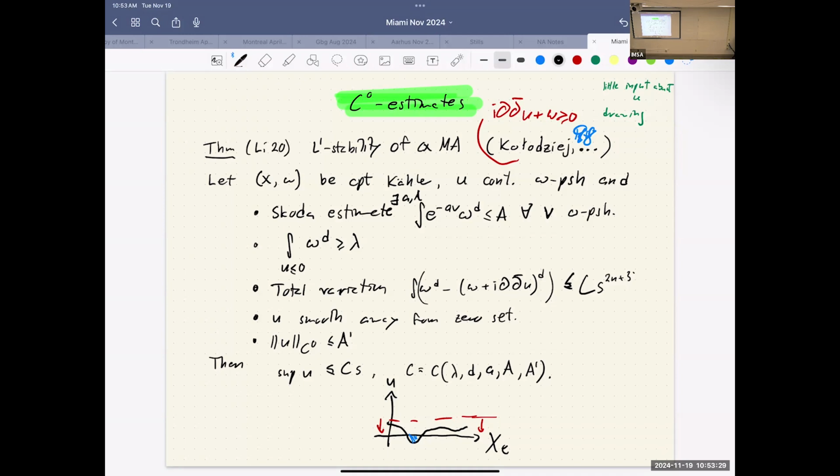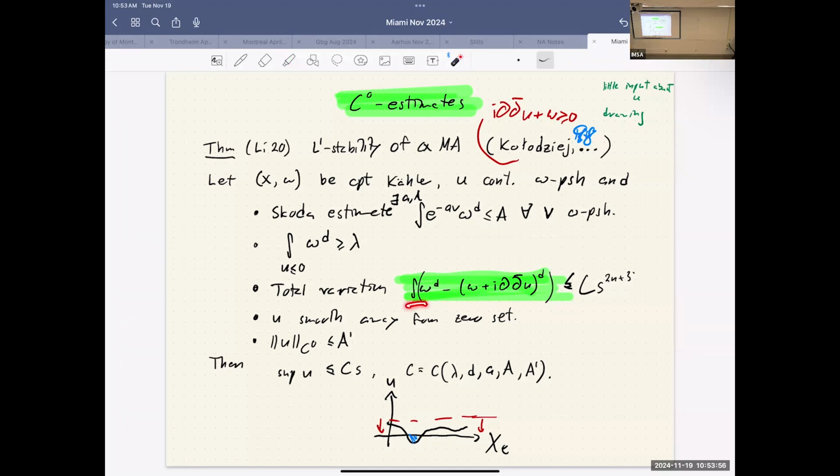And I think what's remarkable about this is how little information about u actually goes into this theorem. The main part is really this thing here. First of all, it's only concerned with the Monge-Ampère of u. And secondly, it doesn't give any uniform bound.